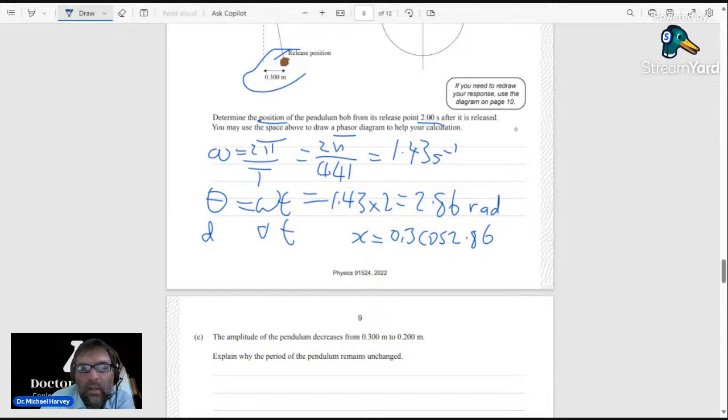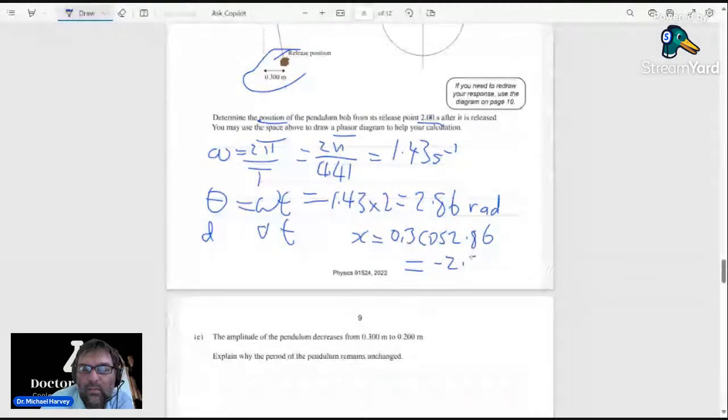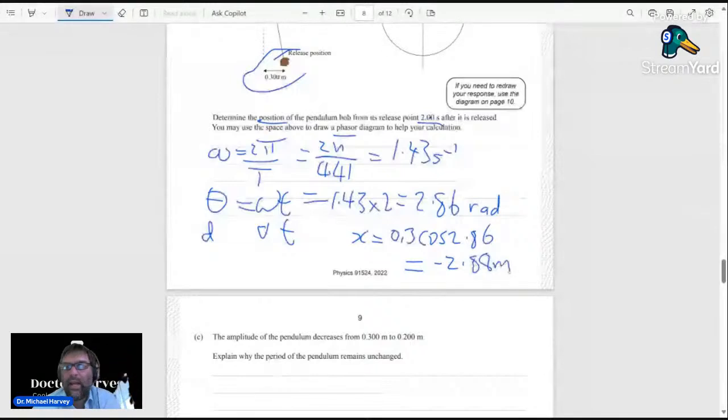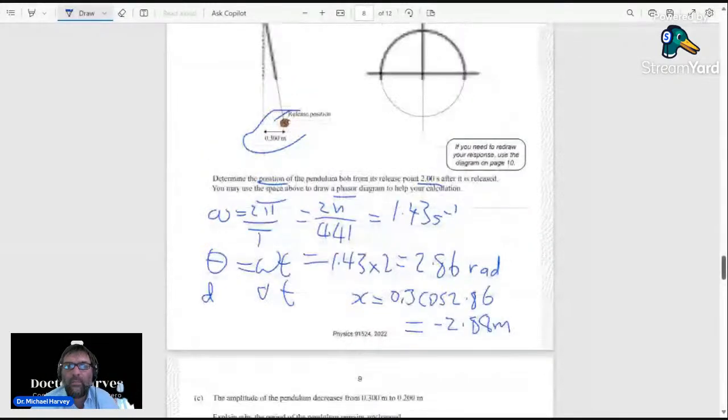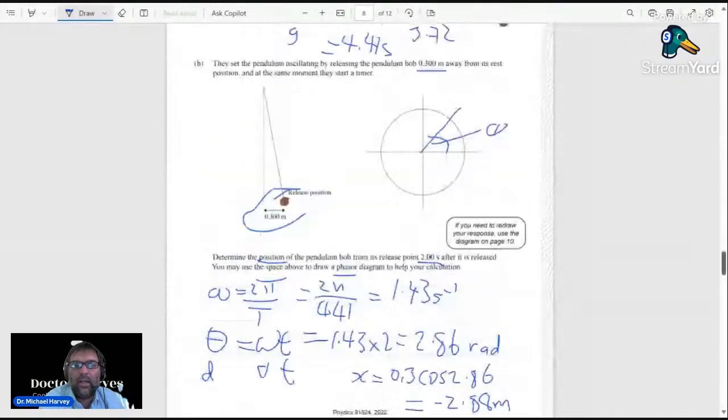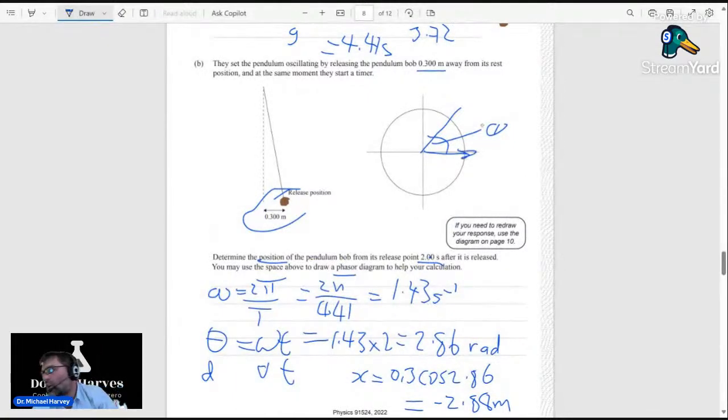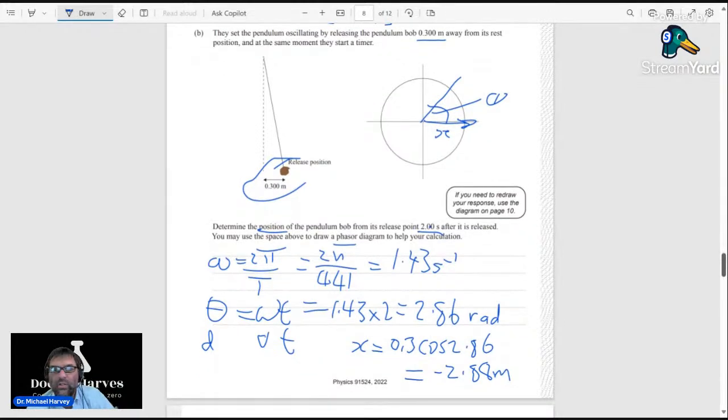That would equal negative 0.288 meters. In terms of reference, that's basically the distance in the x direction. You use SOHCAHTOA if you want to use your reference circle to work out what x is, or you can just use the trigonometric equations.